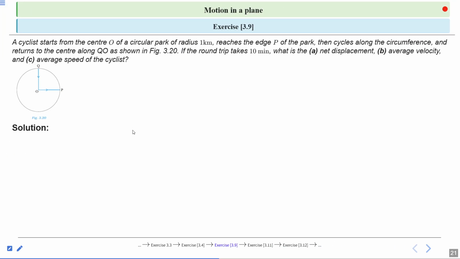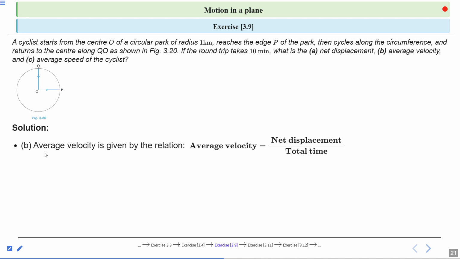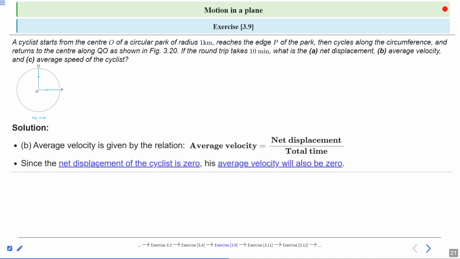Now if we talk about the average velocity, the average velocity is given by the relation: average velocity is equal to net displacement divided by total time. Since the net displacement of the cyclist is 0, his average velocity will also be 0, because average velocity depends on the net displacement.